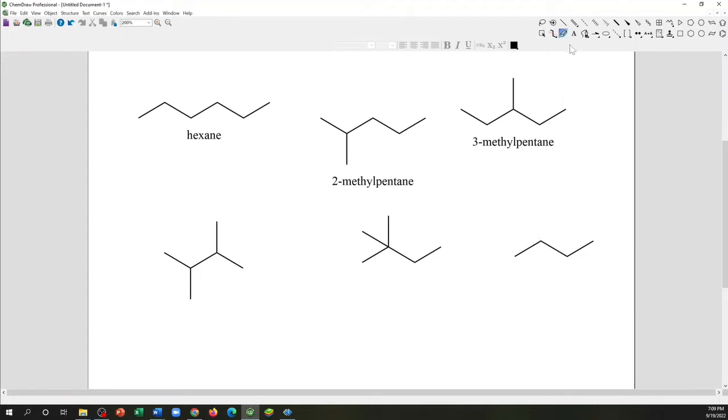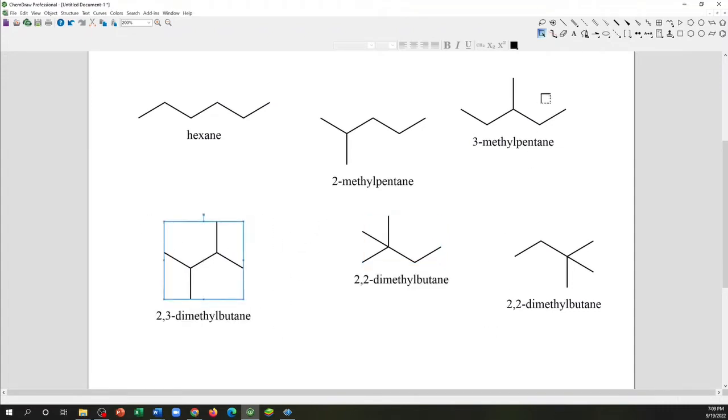This is way too long to illustrate something that some of you might have already figured out. If I put the 2 extra carbons on the position on the right, then it's not any different. It's just the same molecule. It's 2,2-dimethylbutane. This one is also 2,2-dimethylbutane, and this compound is 2,3-dimethylbutane.